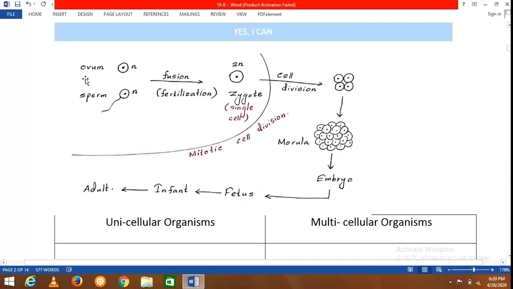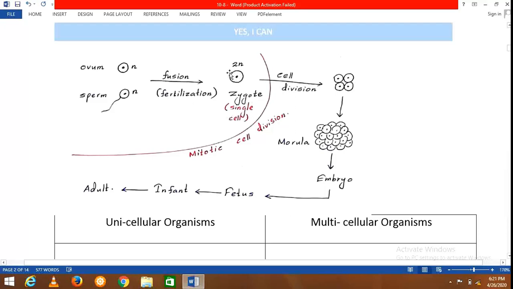The male gamete is the sperm and it has a haploid genetic composition, and the female gamete, which we call the ovum, again has a haploid genetic composition. Then these two gametes will fuse during fertilization to form the diploid zygote, which is a single cell. So this is how the life of this multicellular organism, the human being, begins.